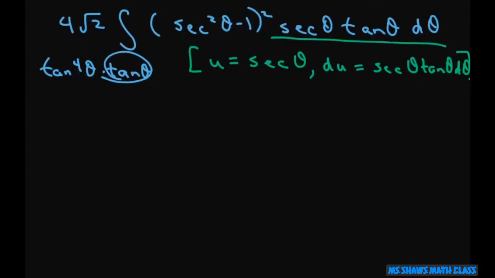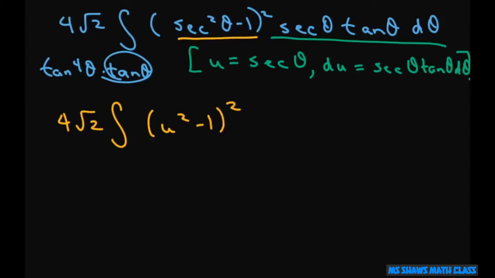What we end up having is 4 square root of 2 times the integral of u squared minus 1, squared, du. And if you work that out, that's going to be u to the 4th minus 2u squared plus 1 du.